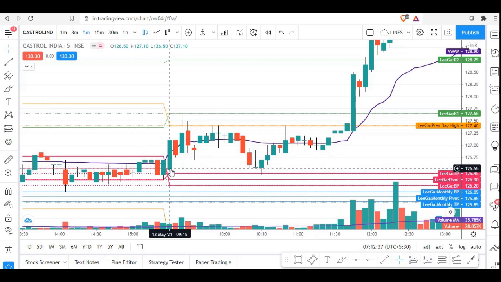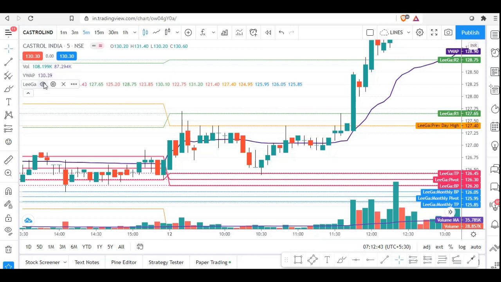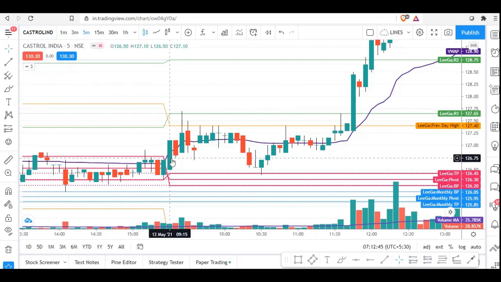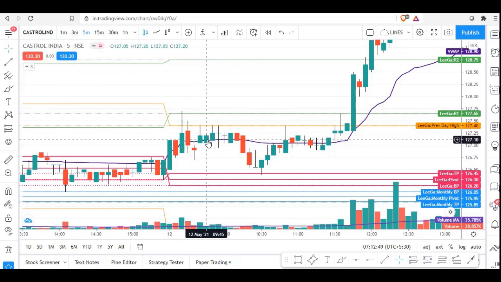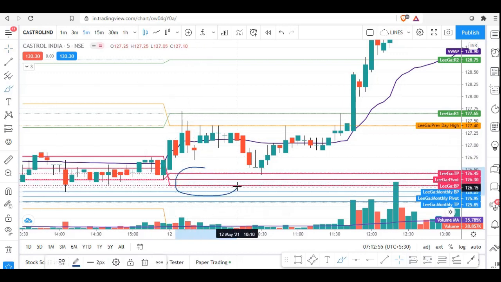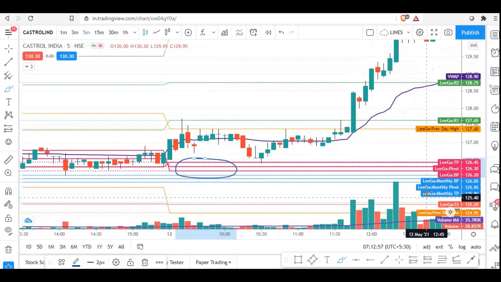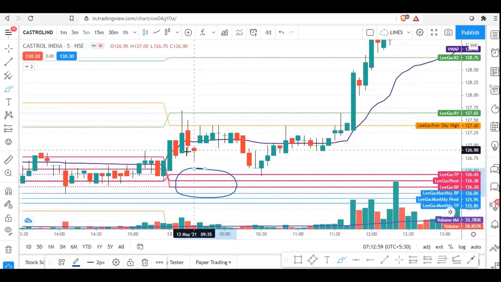So here we can go for Castrol Industries. This open is exactly equal to low. This is a bullish candlestick. Then I also add the CPR, VWAP and volume chart. These are all 5 minute candles. This is a CPR.